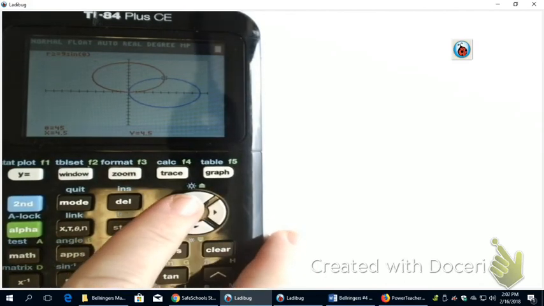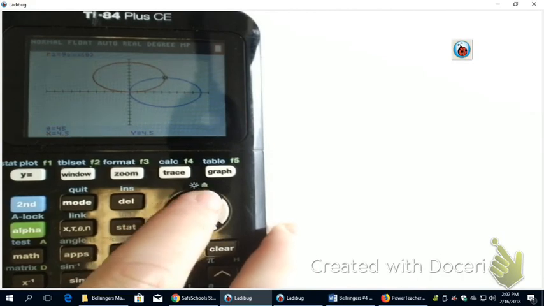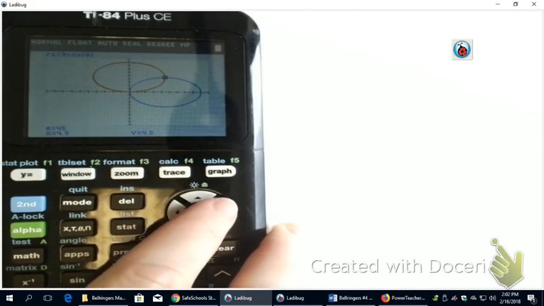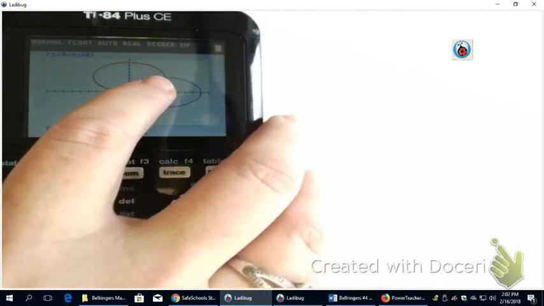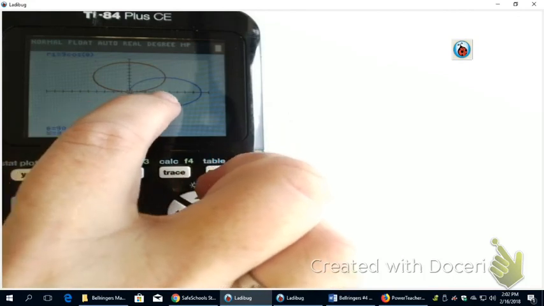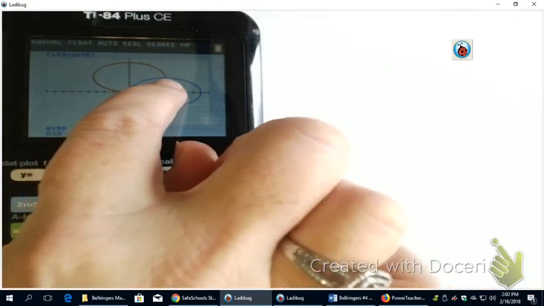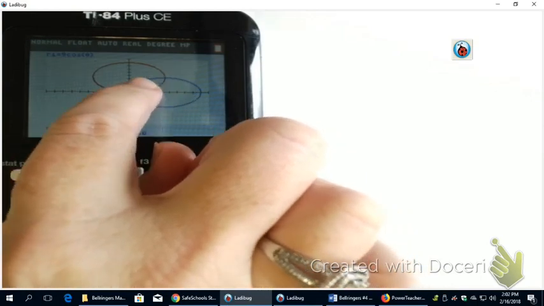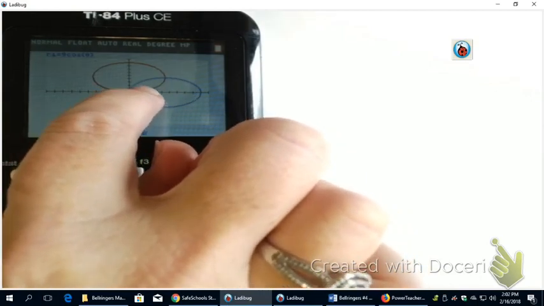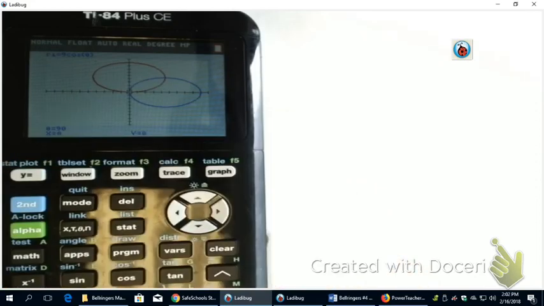Alright, so if I press up and get to the other one, the blue one, and then start from there, the blue one goes from 45 to 90, so it looks like what I can do is go from 0 to 45 on the red, and that will give me like this little half part of the circle, and then 45 to 90 on the blue. And that would give me that top half, and I would add them together. This is kind of like the example that we had on number 2.